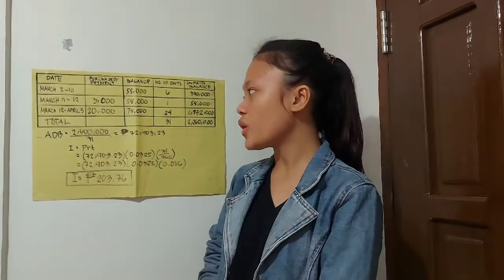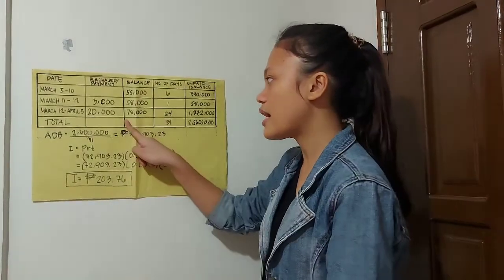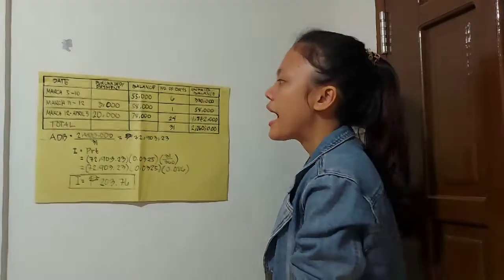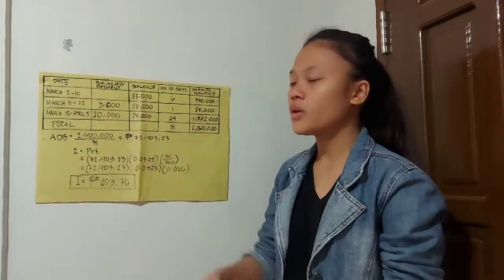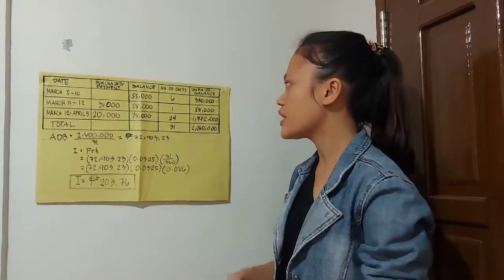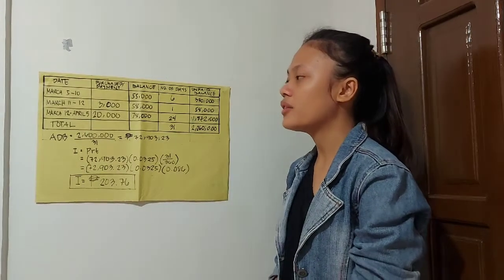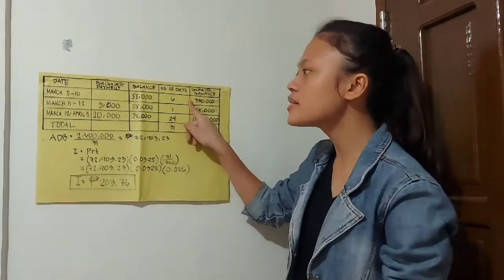Then in March 12 to April 5, he purchases a t-shirt worth 5,000 and a cell phone thrice the amount of the t-shirt, which is equivalent to 15,000. So 5,000 plus 15,000 is equal to 20,000. In order for us to have the third balance, we add the 58,000 to 20,000, which is equal to 78,000.